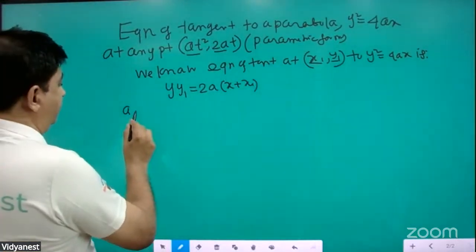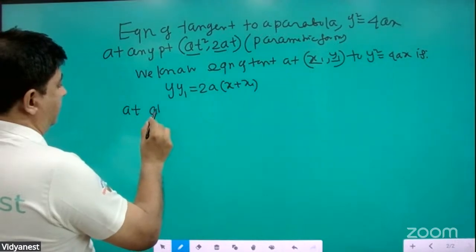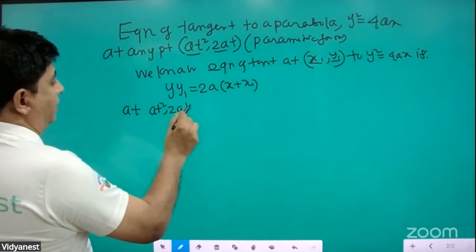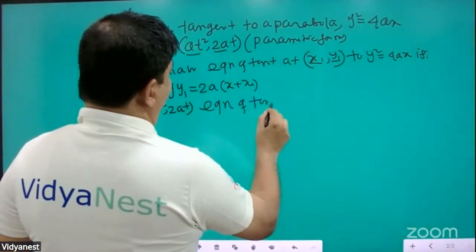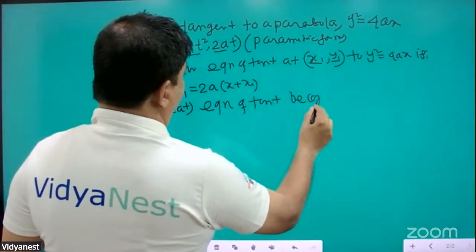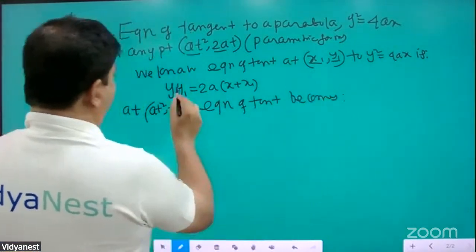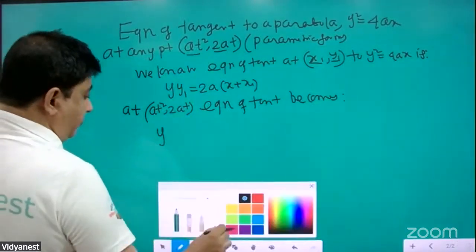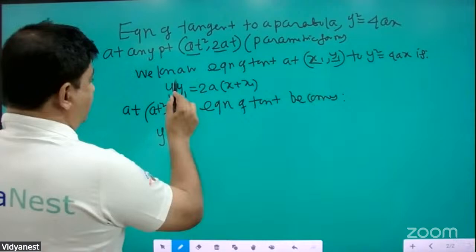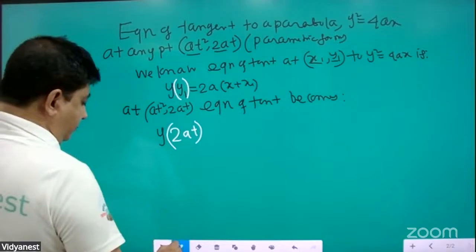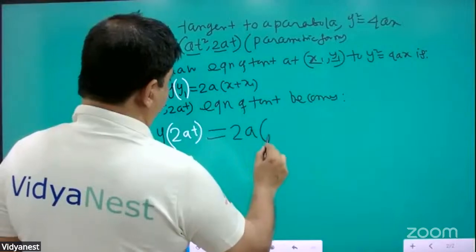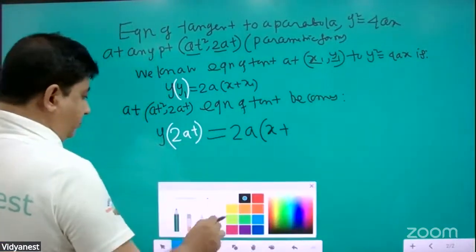So at (at², 2at), the equation of the tangent becomes y times 2at = 2a(x + at²).